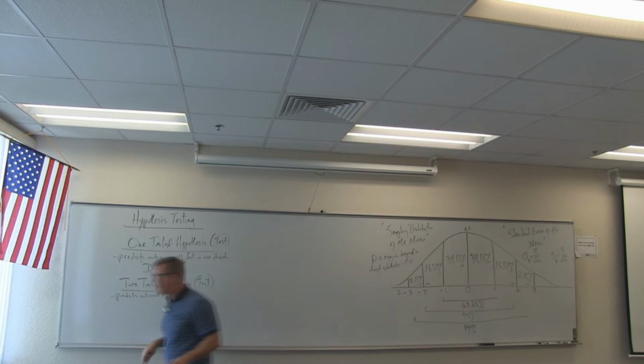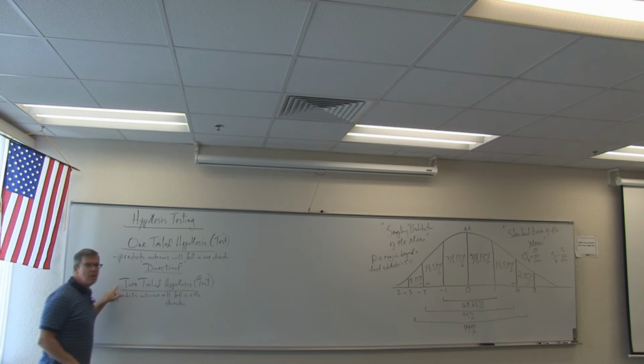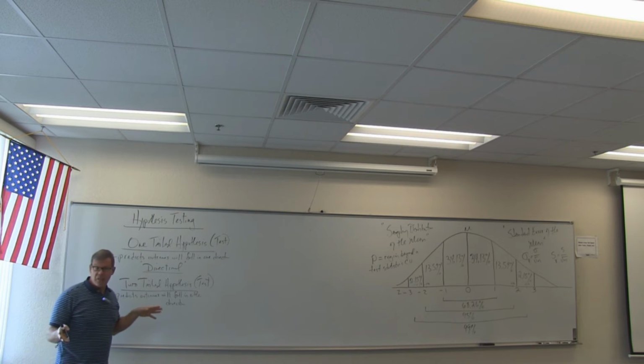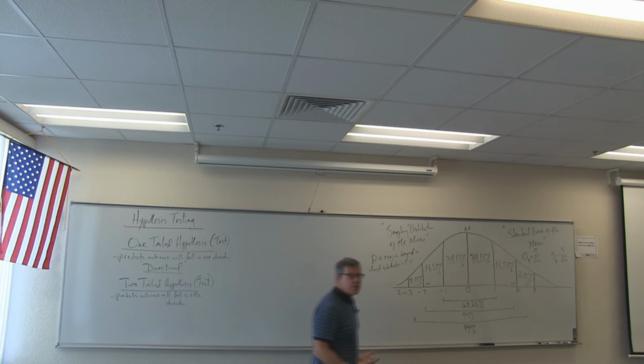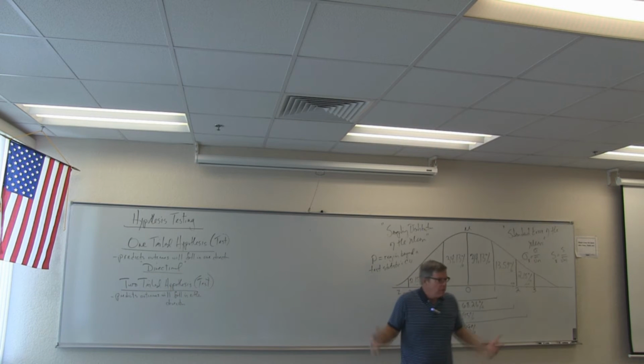In reality, this is a much more realistic scenario, because in reality, on exam 2, you guys are either going to score, in terms of your mean, higher or lower, right? It's either going to be one or the other.